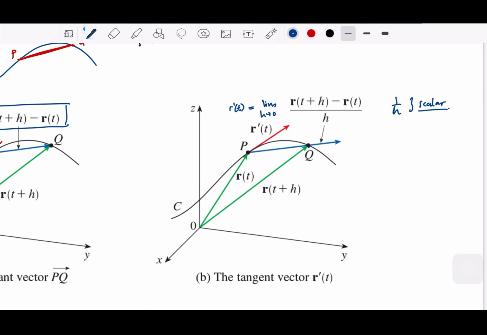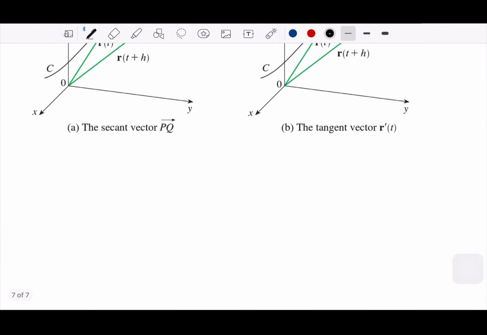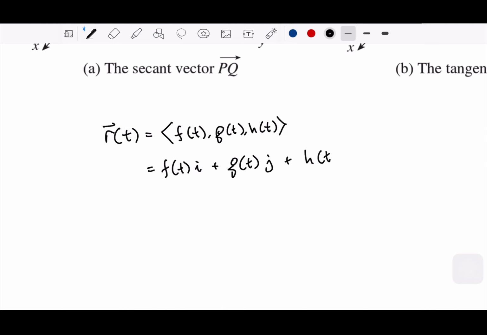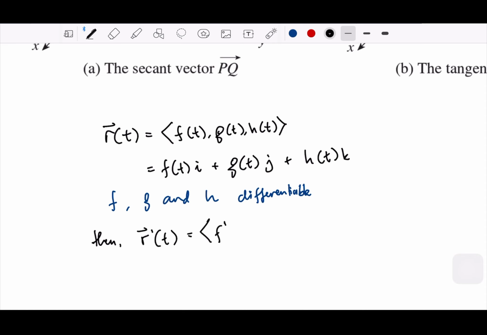And the implication of what we did here is basically, if we have the vector r, and f, g, and h differentiable, then the derivative of this vector valued function is we take the derivative of each one.